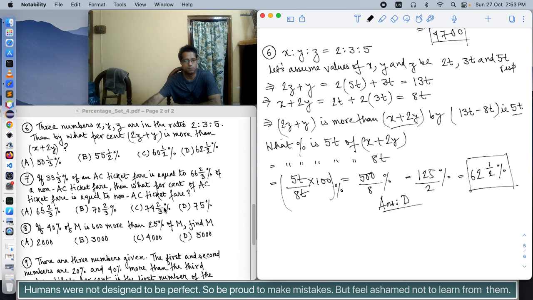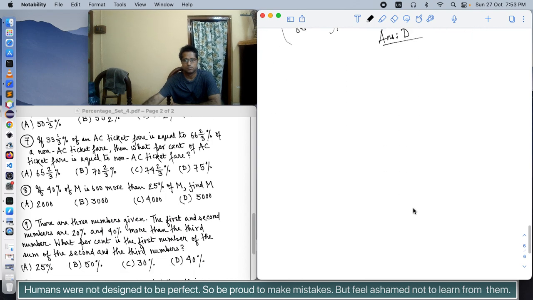Let's do problem number 7. If 33 and 1/3% of an AC ticket fare is equal to 62 and 2/3% of a non-AC ticket fare, then by what percent of AC ticket fare is equal to non-AC ticket fare?